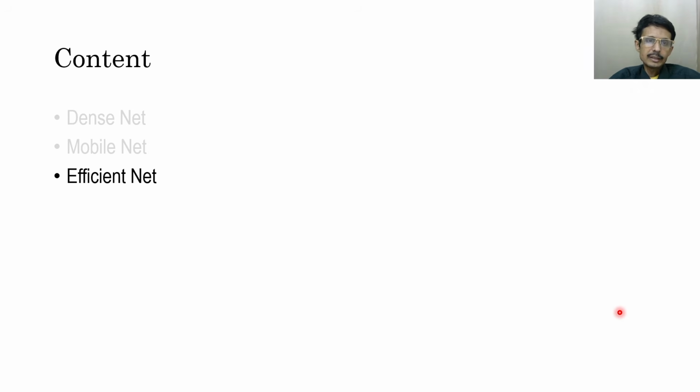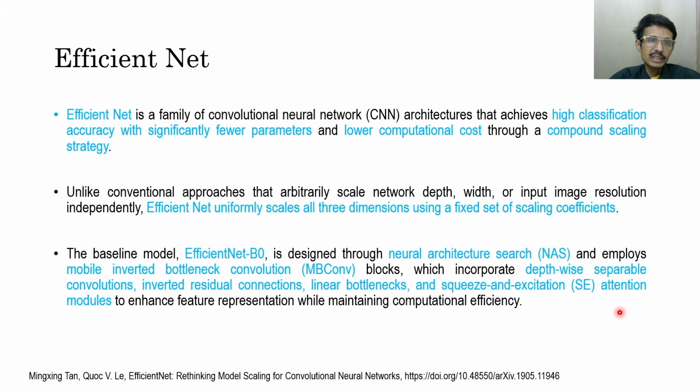Now we discuss EfficientNet. EfficientNet is a family of convolutional neural networks that achieves high classification accuracy with significantly fewer parameters and lower computational costs through a compound scaling strategy.